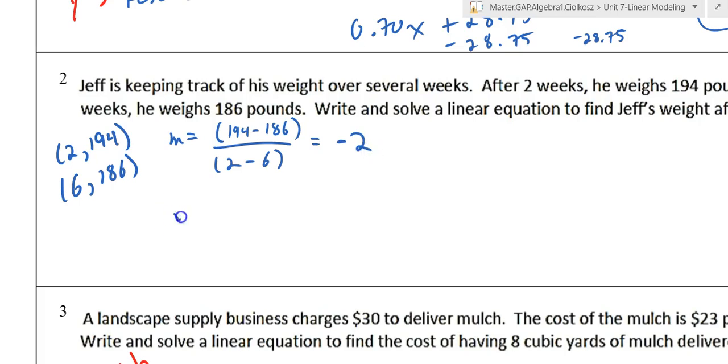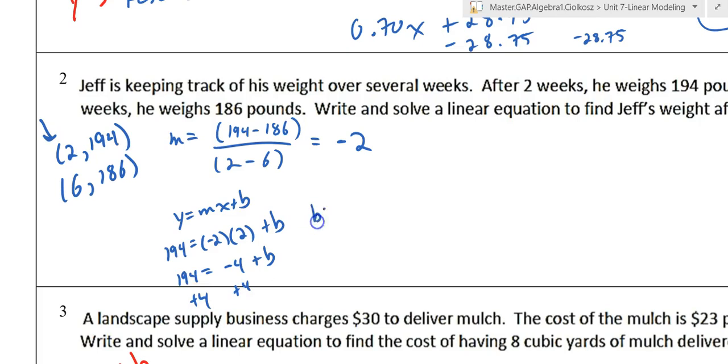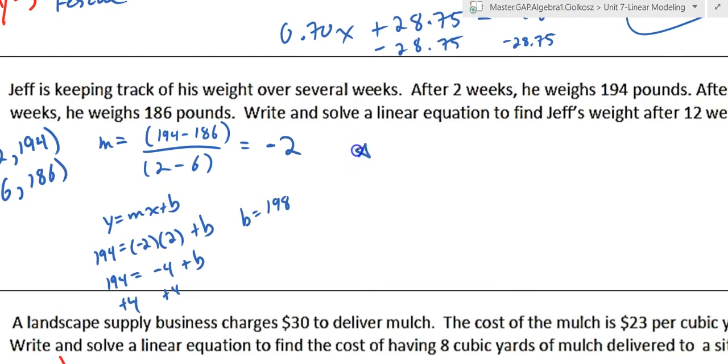Finding my b. So I'm just going to use that first point here for my x and my y. M is -2. And again, if you had used the second point, you'd arrive at the same answer. So b is 198. So for our equation, we got y equals mx plus b.